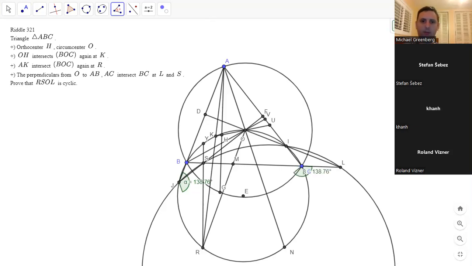Yeah, I think RJB and RCL are similar. Is that obvious? Well, it's obvious that one of the angles is equal. I think that might not be so hard to prove.